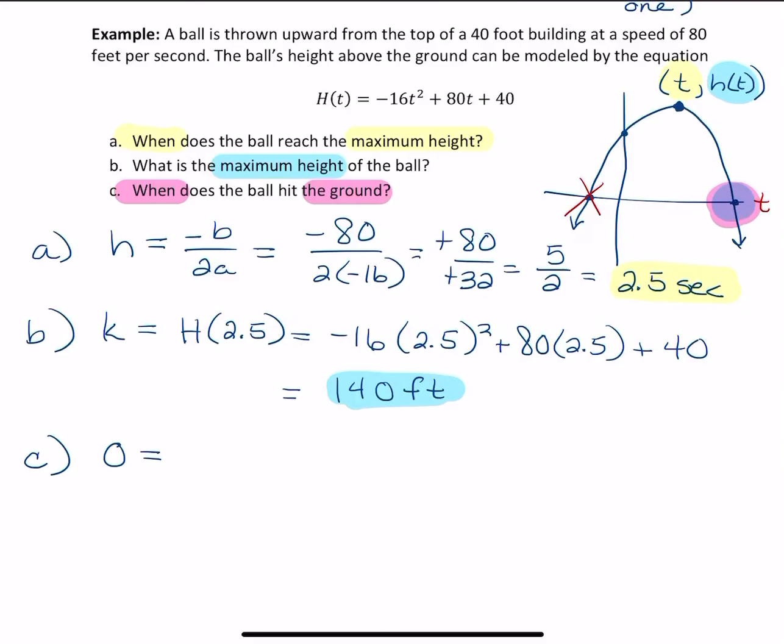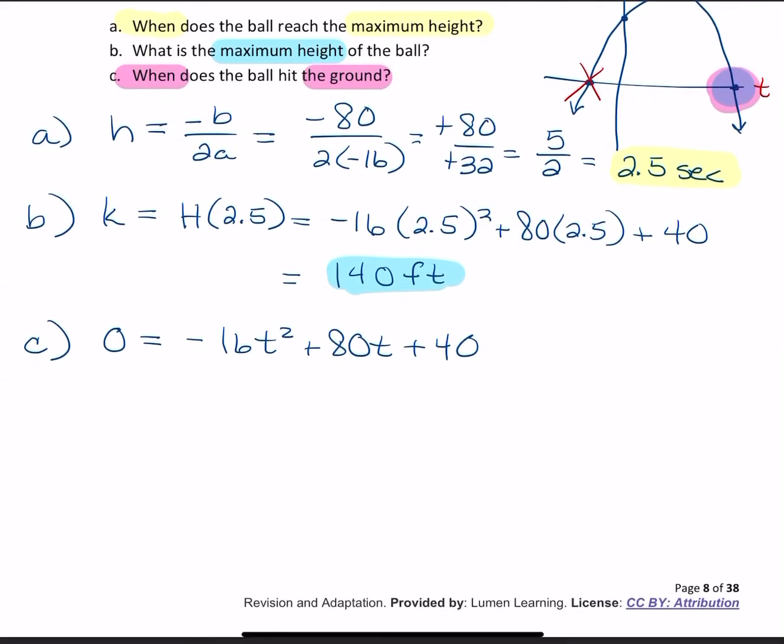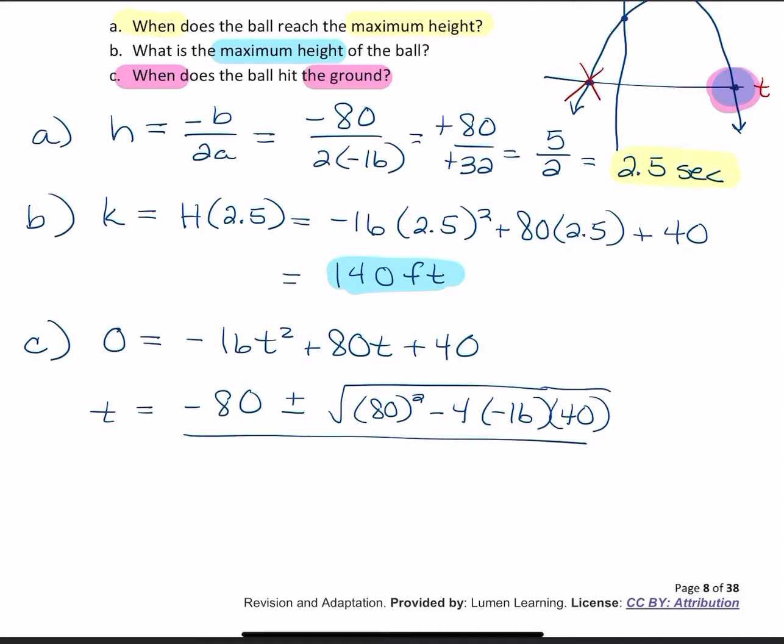So I'm going to have 0 equals negative 16t squared plus 80t plus 40. And we're trying to find t. Remember, we need to use the quadratic formula here. So instead of x equals, I'm going to have t equals negative b plus or minus the square root of b squared minus 4ac, all over 2a.